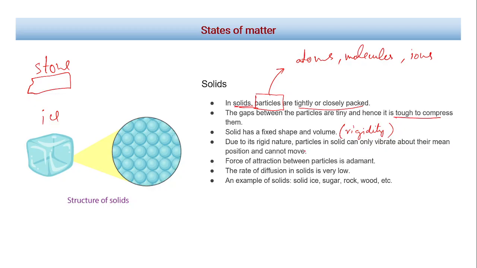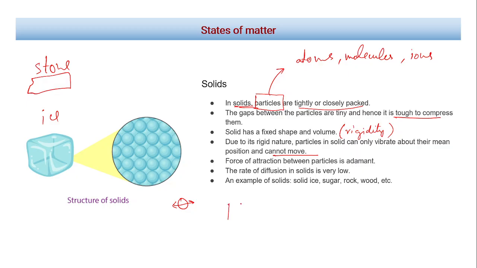What we mean is that when we give heat to any solid material, the atoms and molecules will gain the energy, but they will only be able to vibrate at their position to and fro. They cannot leave completely until we give too much energy, and then they may change into something completely else. But with normal energy or temperature, they just do this to and fro motion at their mean position and cannot move. That's why they are solid.